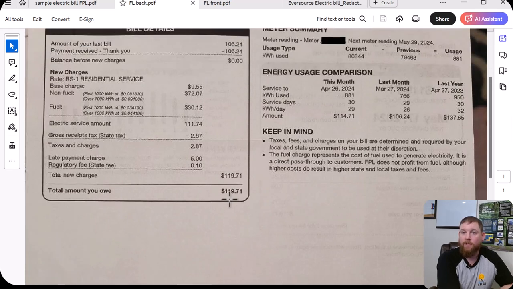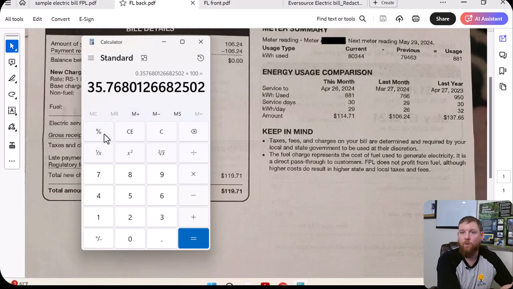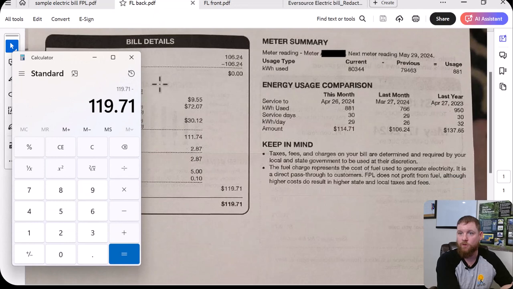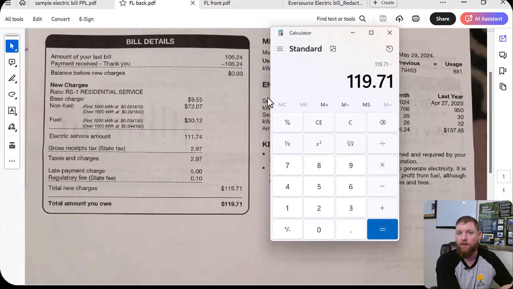So again, what we're going to do is take the total amount we owe, which is $119.71, and subtract the non-usage associated charges, which in this example are the base charge of $9.55, and then everything else is associated with usage.